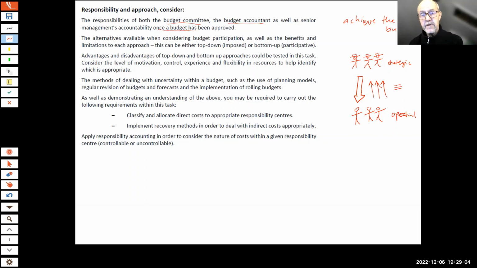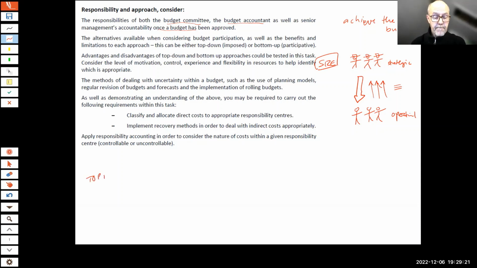There'll be relatively little because the size of that organisation really makes that very difficult to achieve, and that's a major factor in the approach. Make sure you can talk about the benefits of top down.